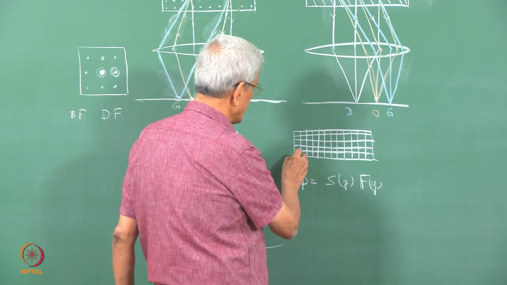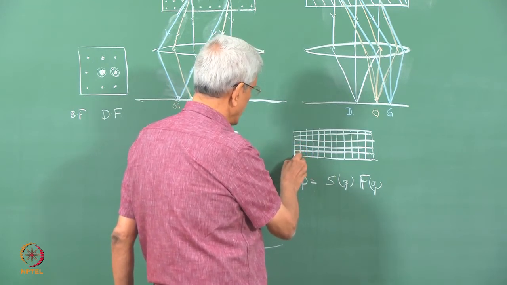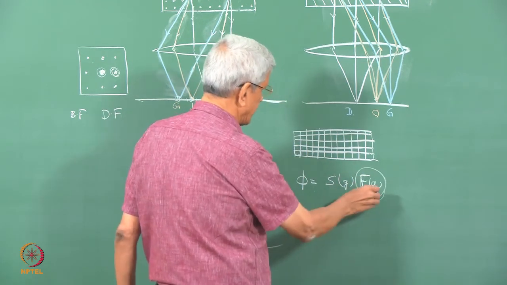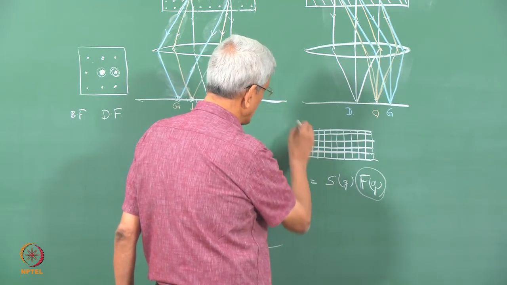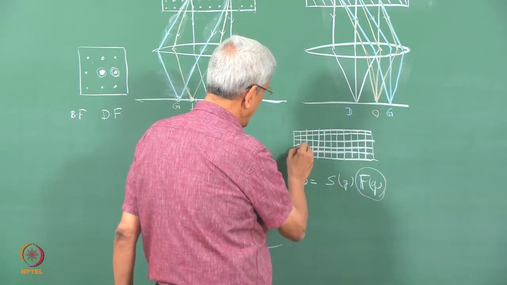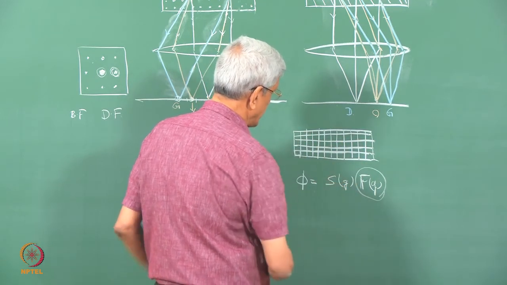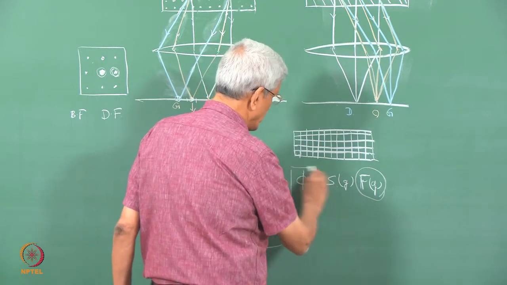In that case, each unit cell itself will contribute some intensity. That is what is given by the structure factor consideration. Then the number of unit cells illuminated by the beam, we add the intensities from each of them together. That is what is given by the shape factor. So, this gives the total amplitude.